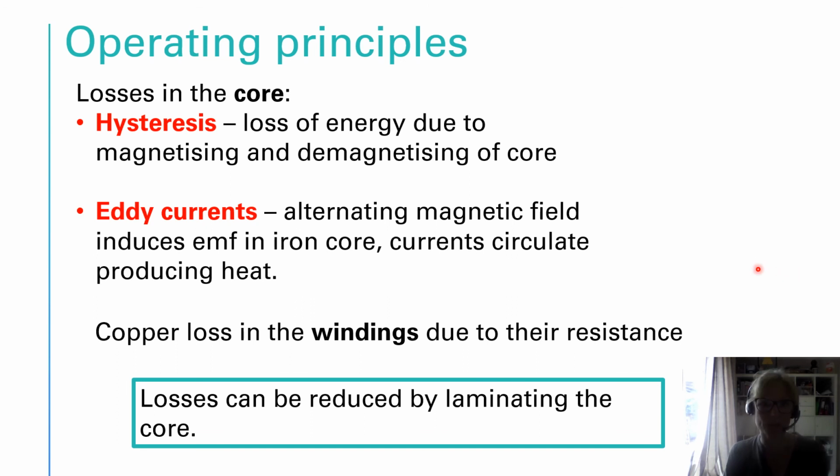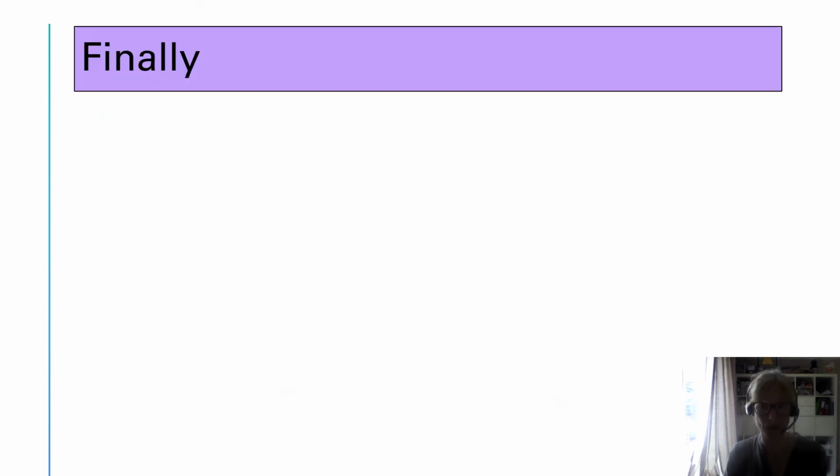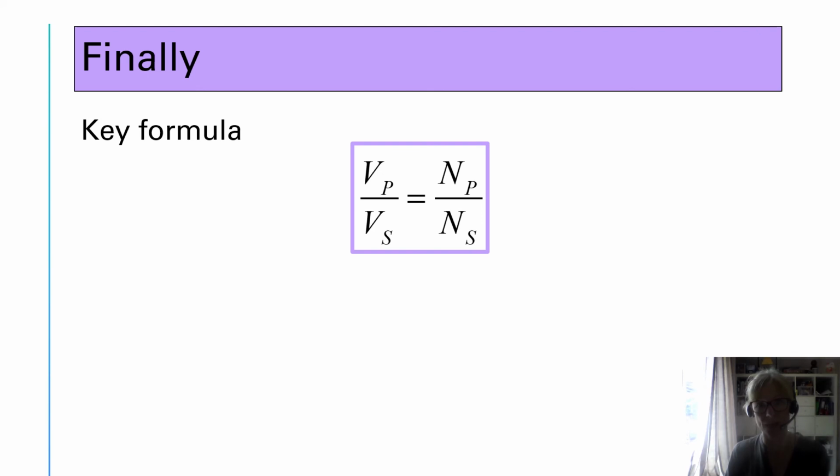Now, these losses can be reduced by laminating the core, by having slices of iron rather than a solid block of iron in the core. And so that's an efficient way of reducing the losses. And finally, there's a formula, as ever, and this refers to the stepping up and stepping down ratio between the primary and the secondary of the transformer.